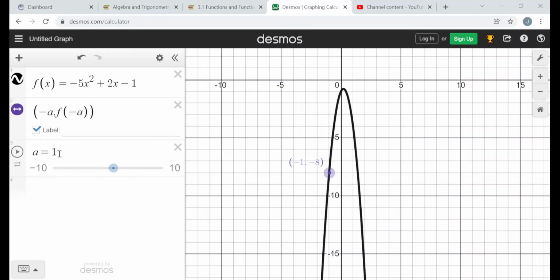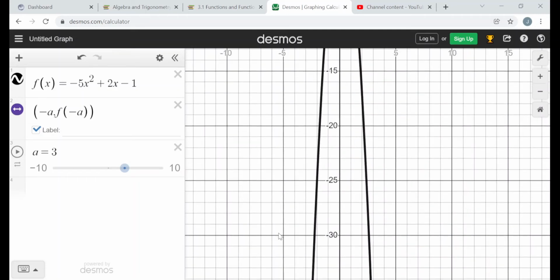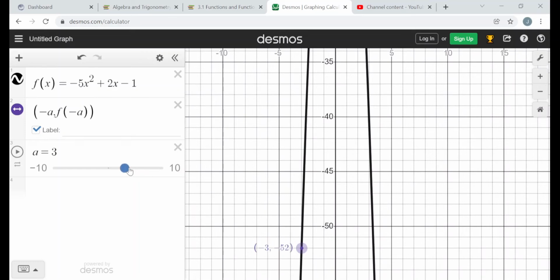See, so when a is 1, you get input -1, output -8. When a is 3, we saw that it was input -3, output -52. There it is. And let me just change this a bit. There you go, -10 to 10. And then just to change it by ones, have the step be 1.